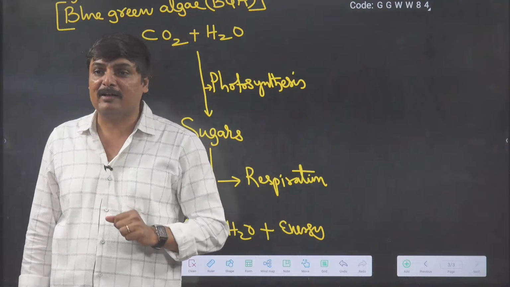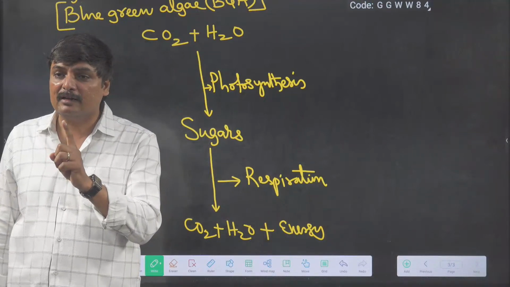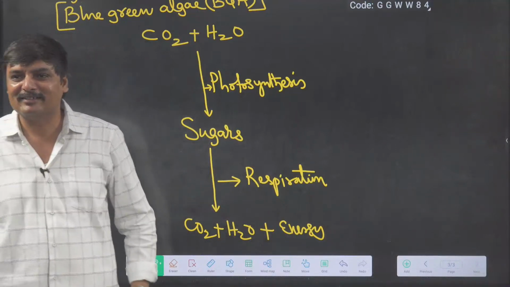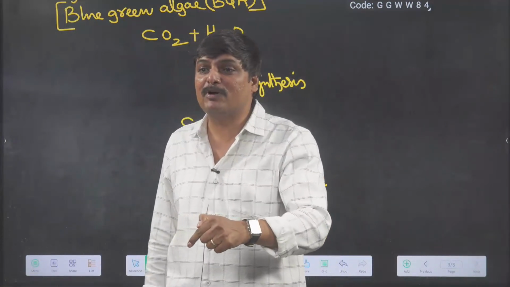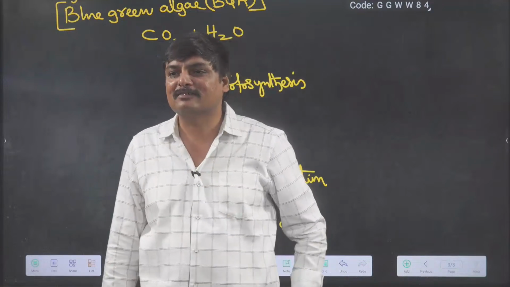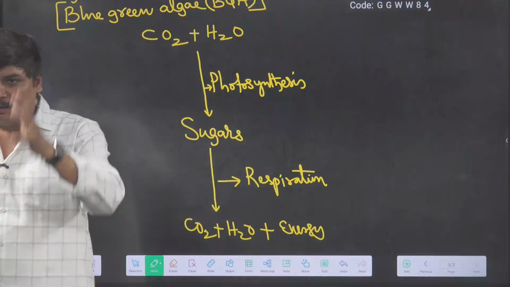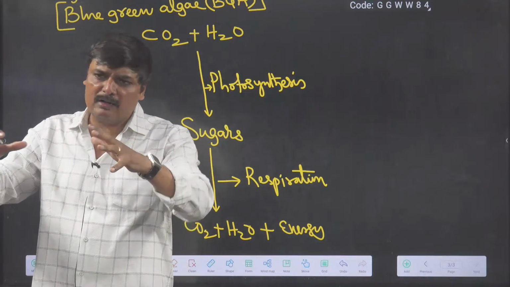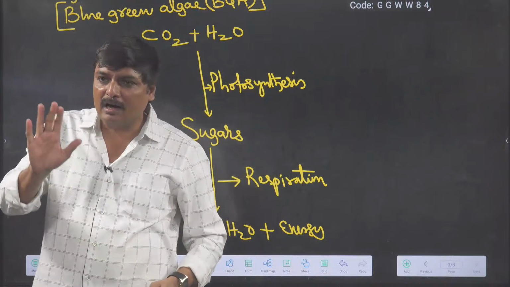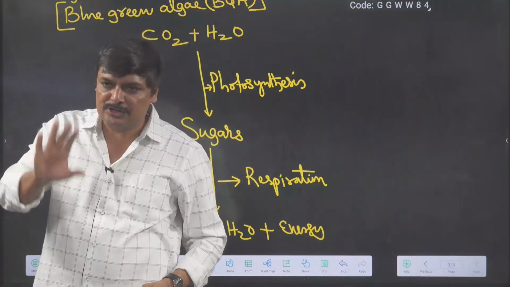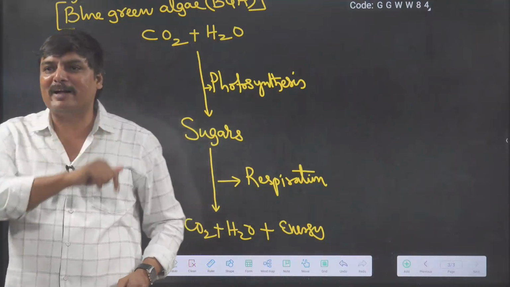And very importantly, all the cells of the plant body do not synthesize food material. But every cell of the plant body requires food material. Am I right? Interesting point. In the plant body, there are many cells, many organs, but all cells or tissues or organs cannot synthesize food material.